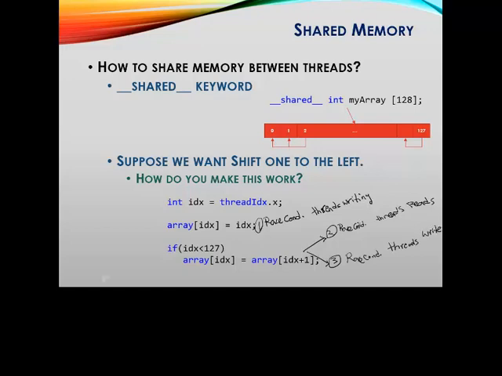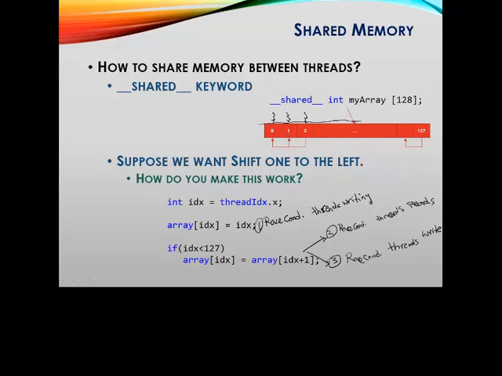Some result somewhere. Effectively, in my case I have a serial problem, and it has to be serialized because I want these numbers to shift one to the left. So before each number is finished, I want to make sure that all the previous numbers before it have been finished. So the first race condition is when every thread is writing into the memory. I want to stop all threads there for everybody to have finished writing their values.